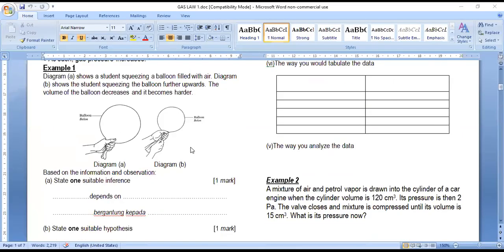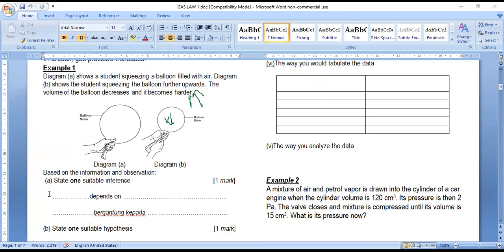Now we look at how to use the formula. Now we look at the paper 3 question. Diagram A shows a student squeezing a balloon filled with air. Diagram B shows a student squeezing the balloon further. The volume of the balloon decreases and it becomes harder. Why does it become harder? Because when your volume decreases, your pressure increases. Based on the observation, state one suitable inference.